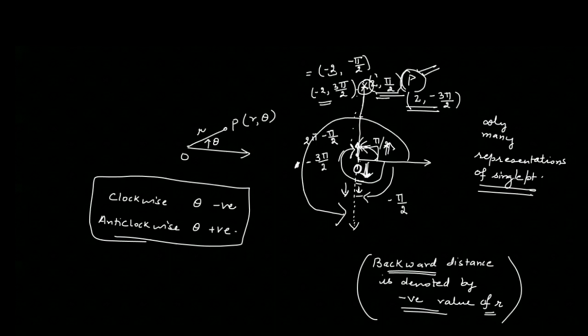So once again, see, this is the initial ray, this is the pole, this is any point P having the coordinates r and theta.